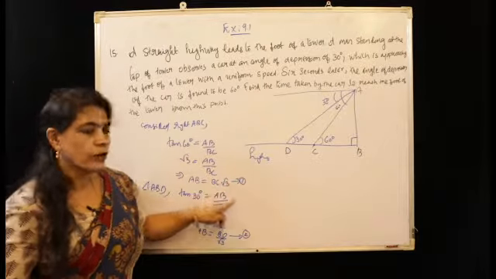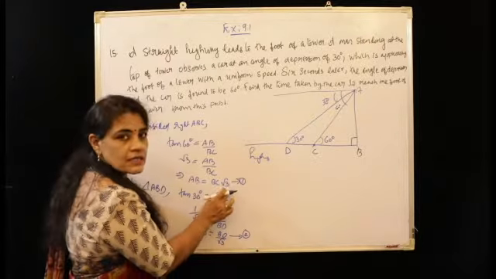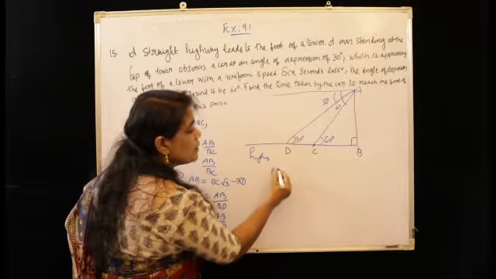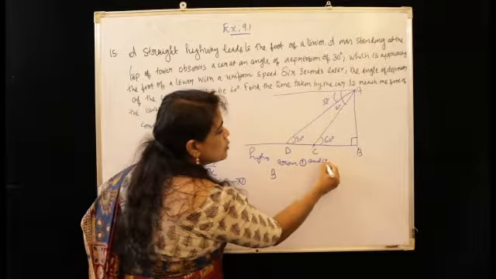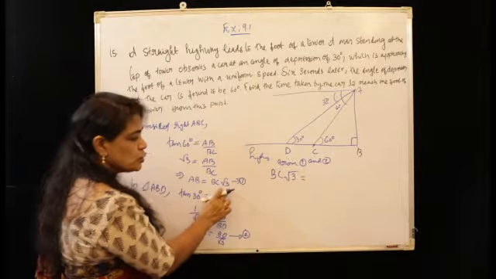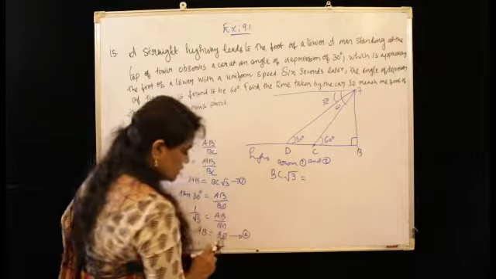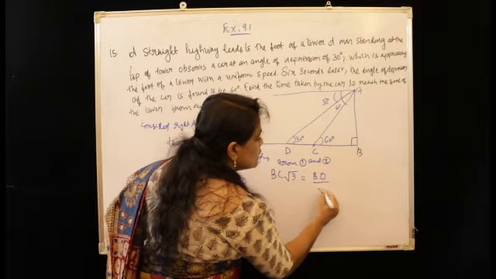That means you can equate the RHS part of both the equations. From equation 1 and 2, you can equate their RHS part, that is BC into root 3 equal to BD by root 3.